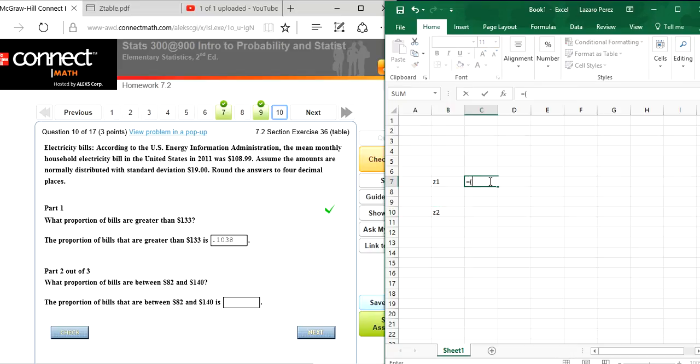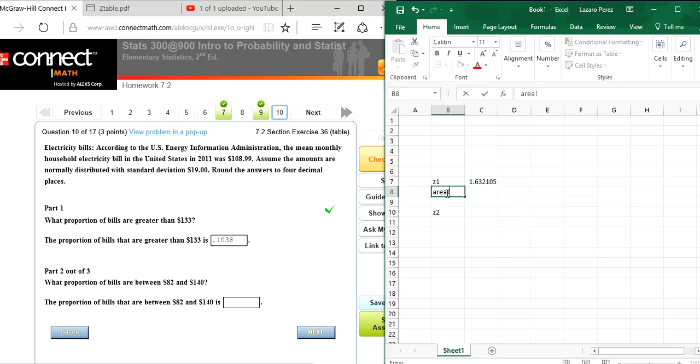All right, go ahead and put in the formula. And so our x value is going to be 140 minus our mean, 108.99, divided by standard deviation of 19. All right, so we got our z-score, and we're going to find the area.